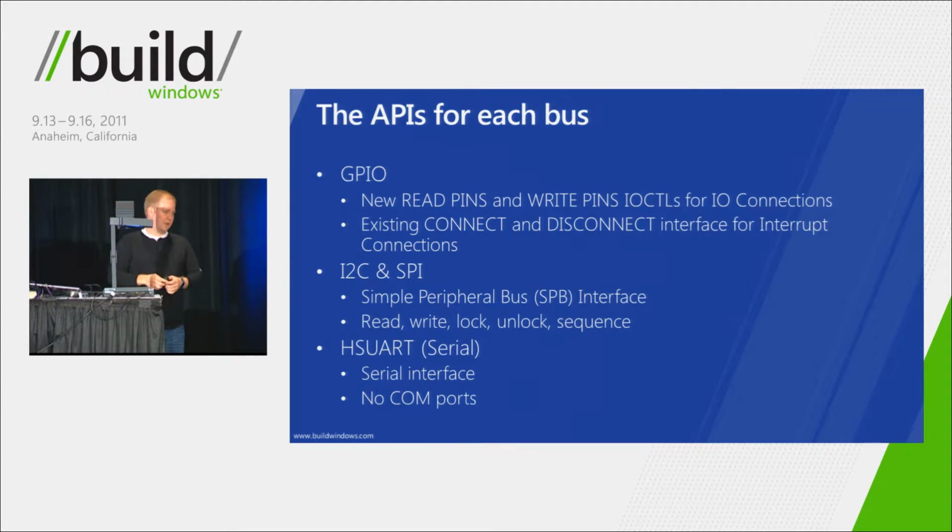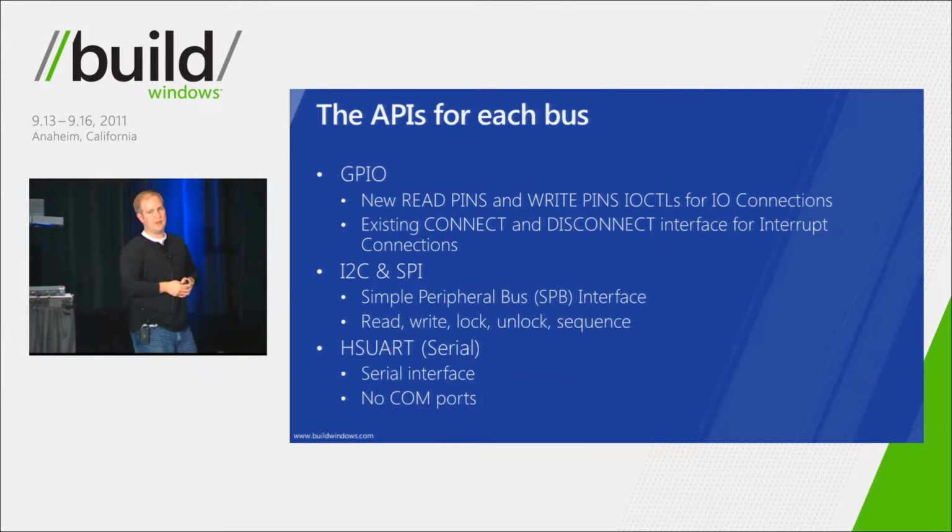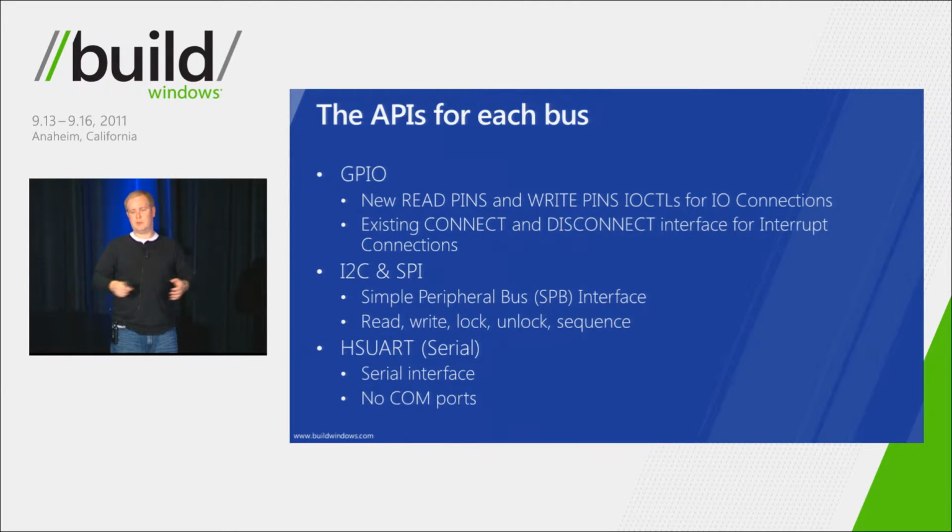So the APIs for each bus. GPIO, obviously we have new APIs for the general I/O aspect of that. For interrupt functionality, it's just the standard Windows interrupt APIs. For both user mode and kernel mode drivers, it's just going to look like an interrupt. There really is no new code for that usage. For I2C and SPI, we created the simple peripheral bus interface. It's very simple.